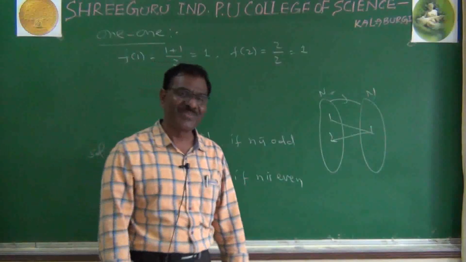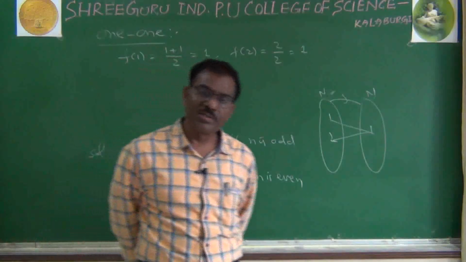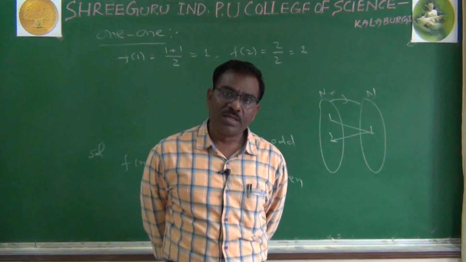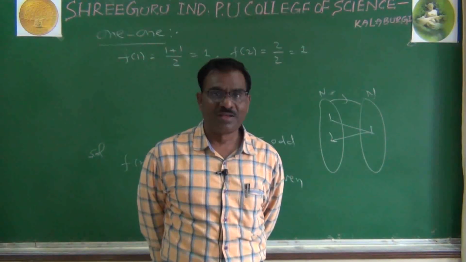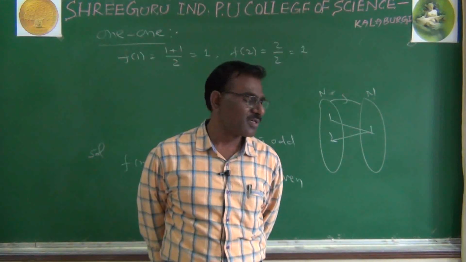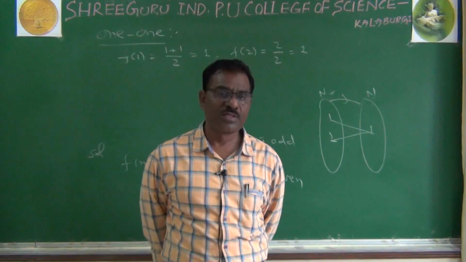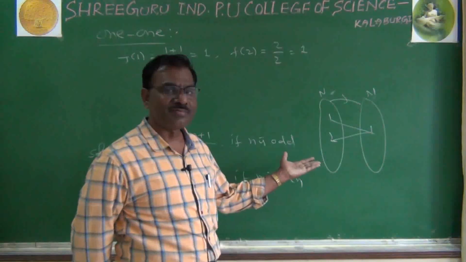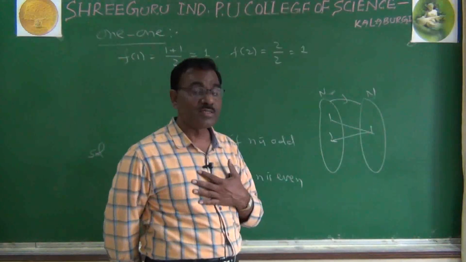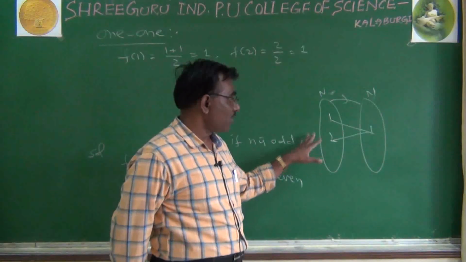No, this is not one-one. One-one means different elements have different images. Distinct elements of set N, the domain, have distinct images in codomain. So this is very simple, but this is not one-one.